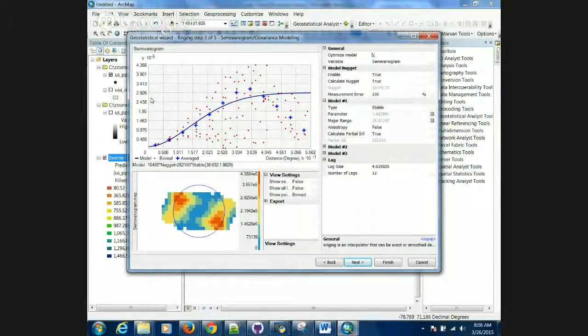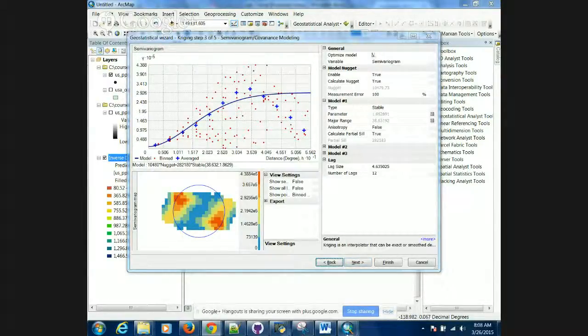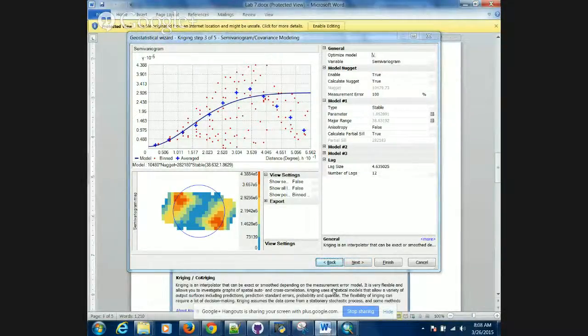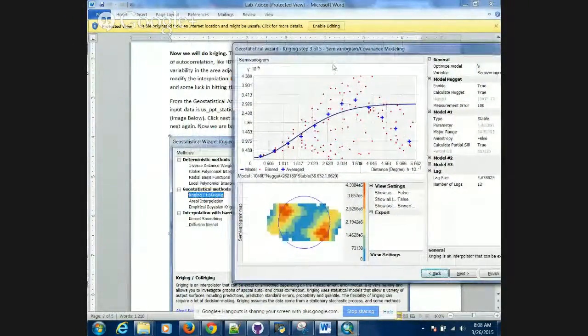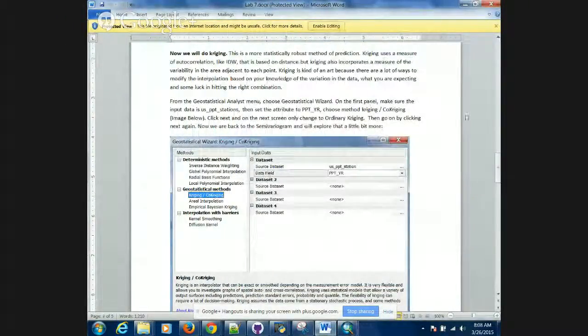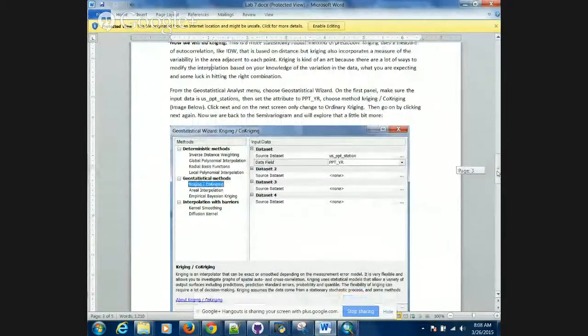And you can see here that it's selected, let's see what type of model it's selected. It's stable. Okay, so we're right here. I don't like how when this is open you can't see. There we go. We selected stable.